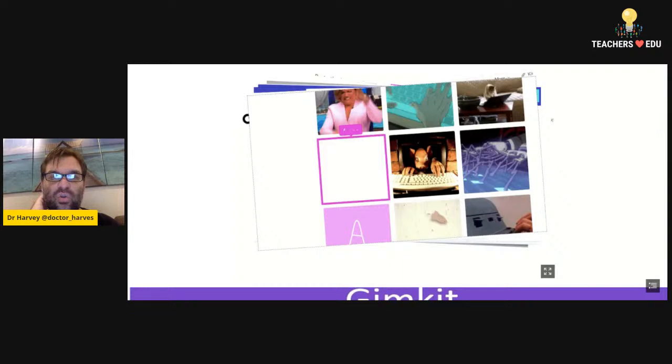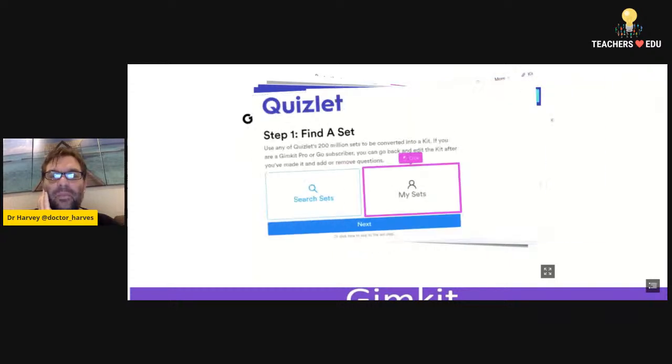You can choose whatever picture you want for the image for your particular kit. Then you find your sets if you have your own Quizlet account, or you can just search sets. I used to start with searching sets, but now I have my own sets that I've made for each individual class.